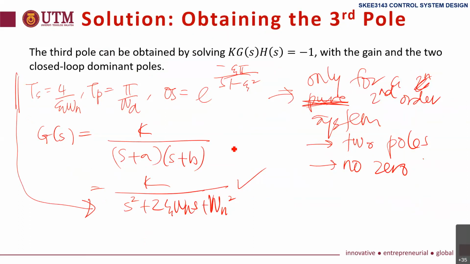But the one that we will normally solve is a higher order system. It's not second order. It's sometimes third order, sometimes fourth order. We normally do not give higher than 4, either third or fourth order.